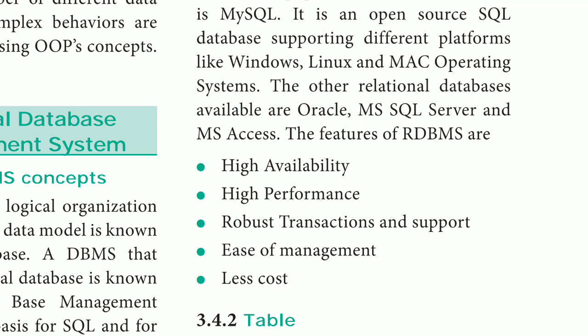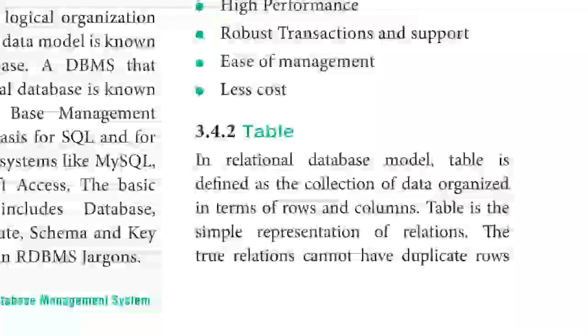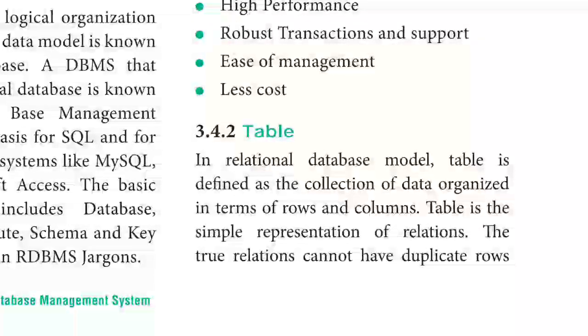Next is the table. Obviously, when you are using RDBMS, tables will be there. In the tables you can see columns, rows, key, foreign key, super key, and composite key. These are all the different things that we are going to see in the upcoming chapters.